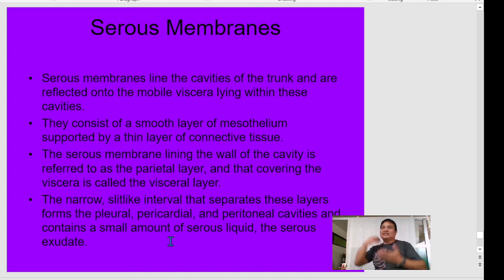You have the dorsal and ventral cavities, and each of these cavities has a membrane covering that covers the wall or the internal organ. We call it the serous membrane. It lines the cavities of the trunk and is reflected onto the mobile viscera lying within these cavities. The serous membrane has two layers.